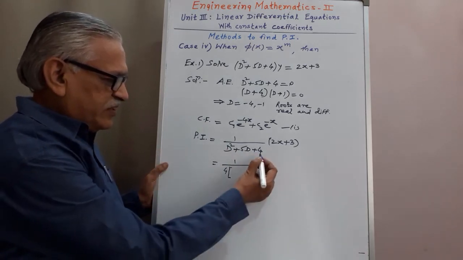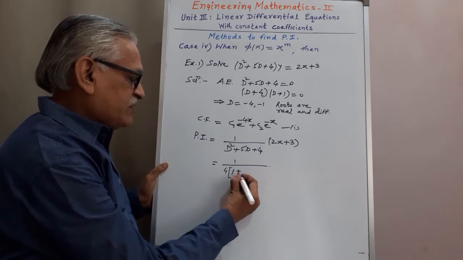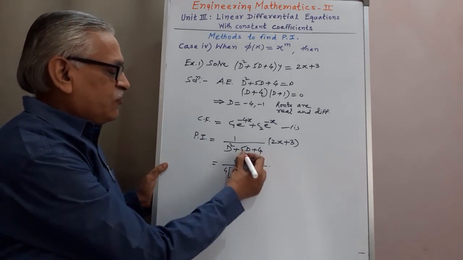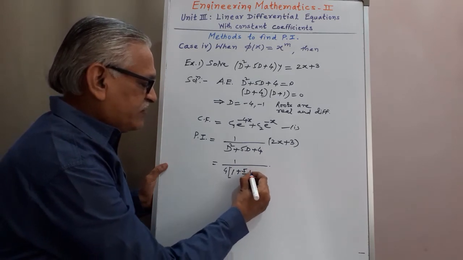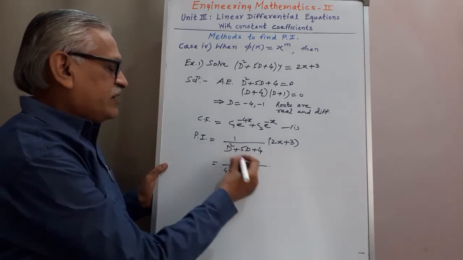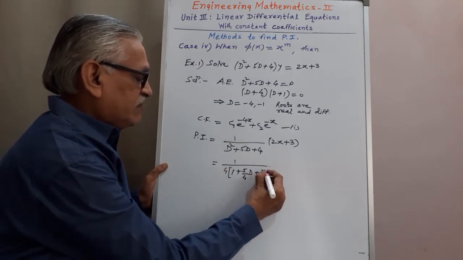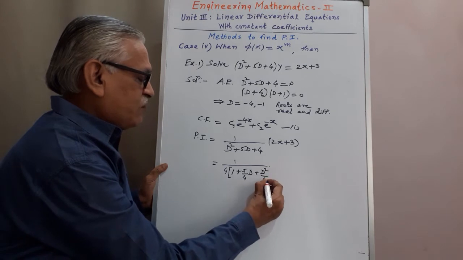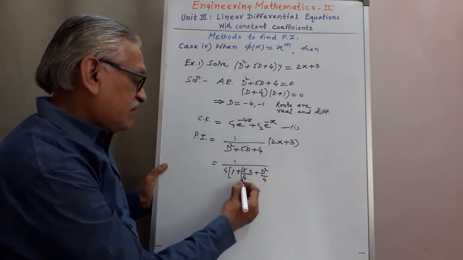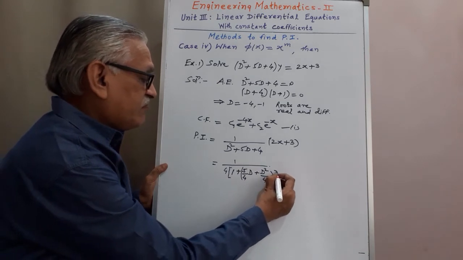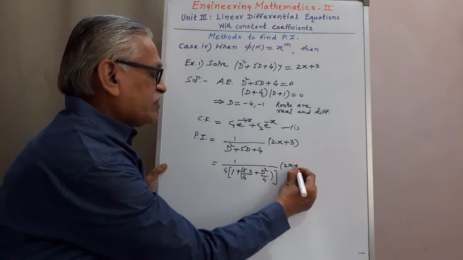Therefore, if you take 4 common from 4, remains 1 plus; if you take 4 common from 5D, remaining is 5 by 4 times D, and plus D square by 4, which we operate on 2x plus 3.